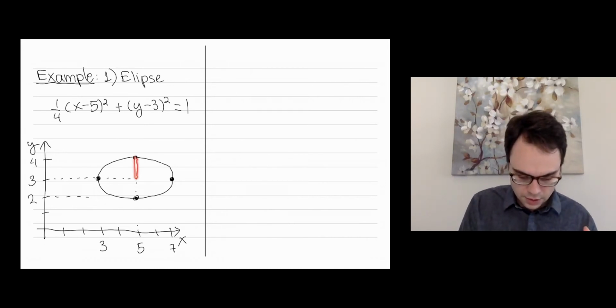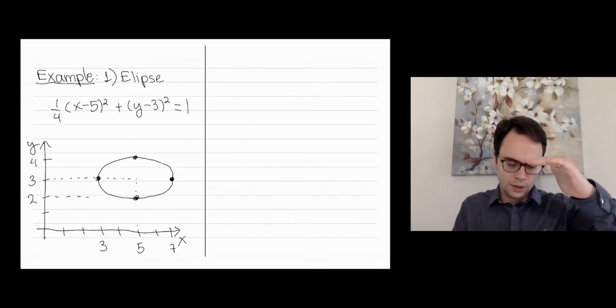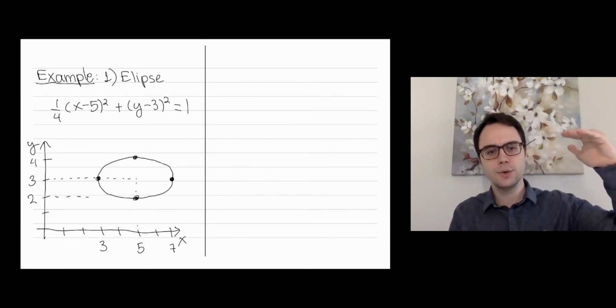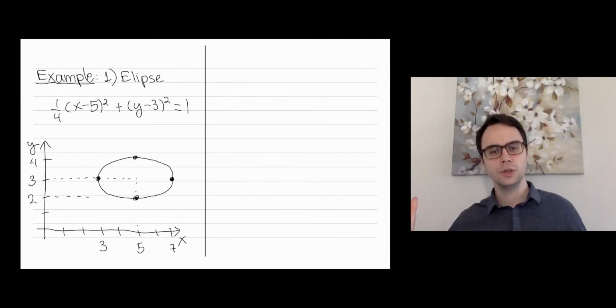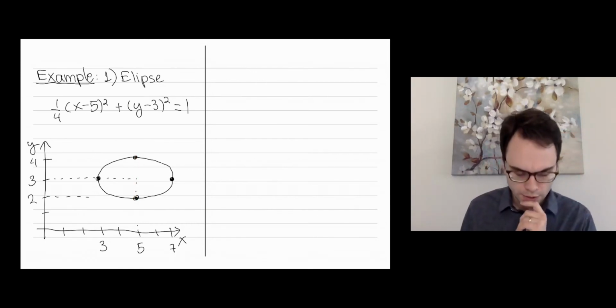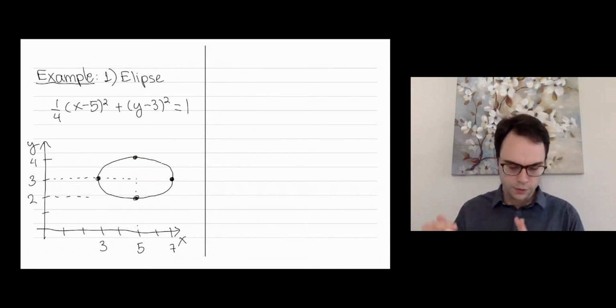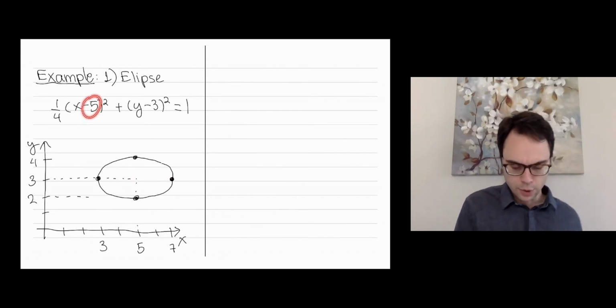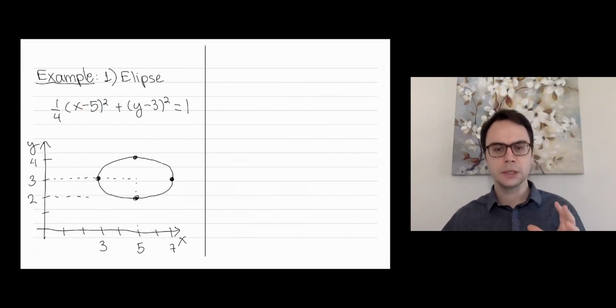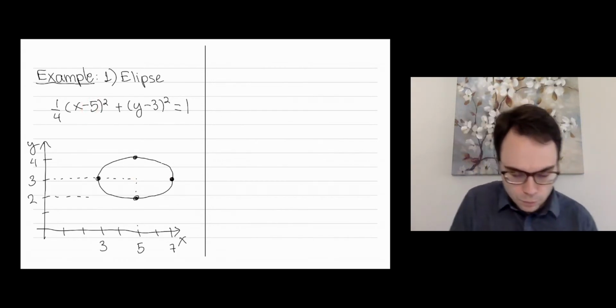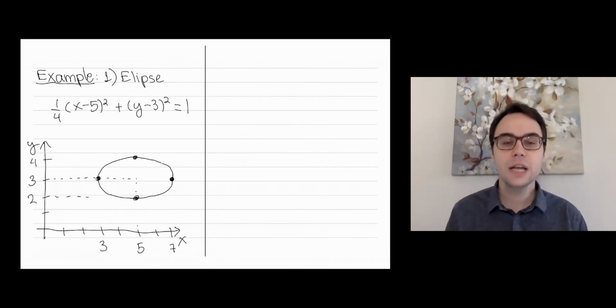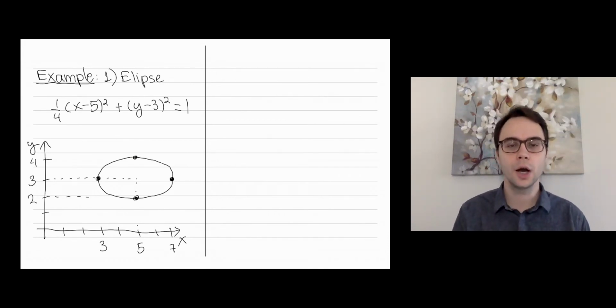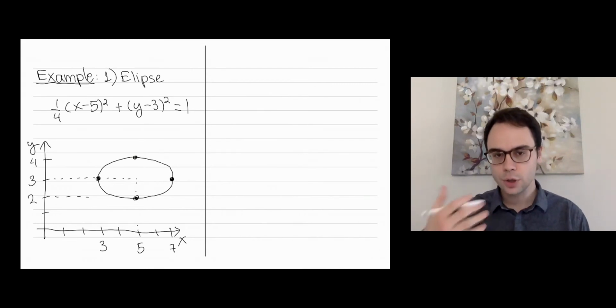In the y direction, the height is still the same, still 2 units tall, but now it's 4 units wide rather than 2 units wide. So we stretched it in the x direction by a factor of 2, and then we moved the whole thing away from the origin to encircle the point (5, 3). So this geometric understanding allows us to adapt our construction.